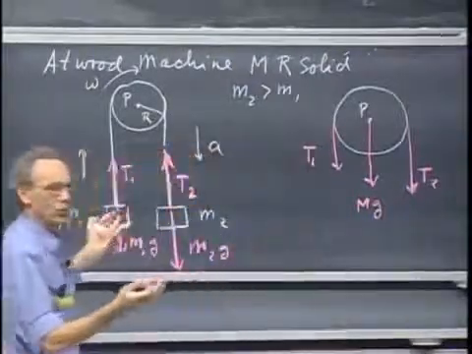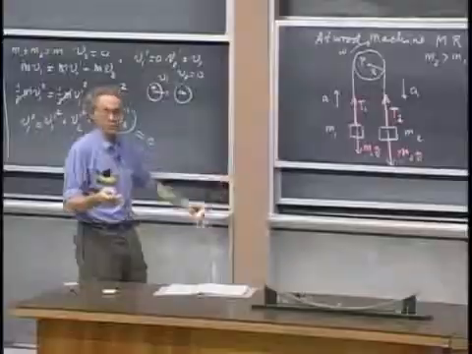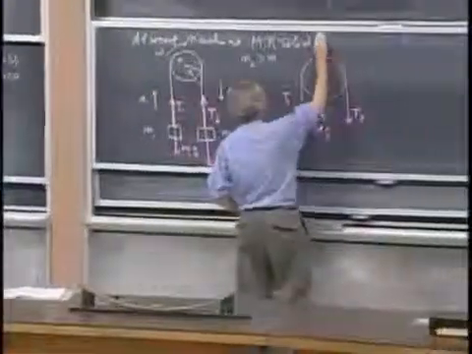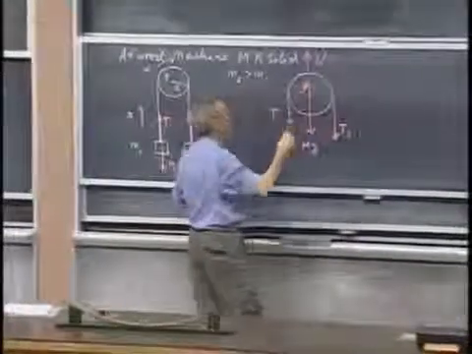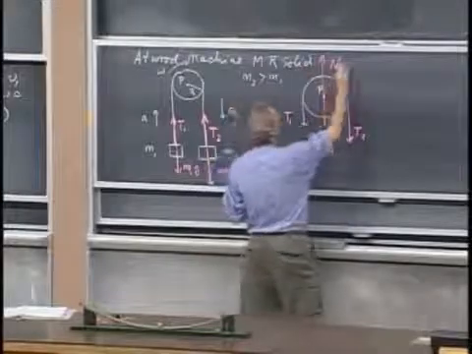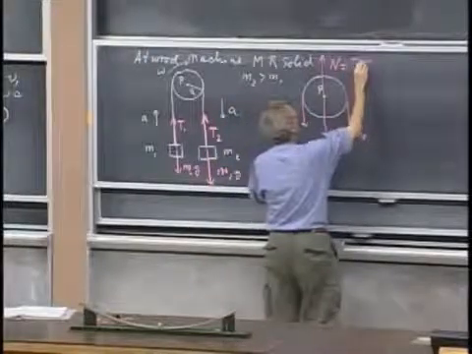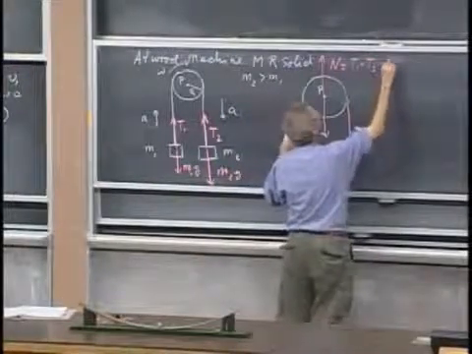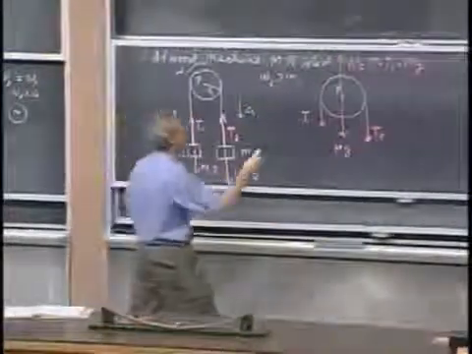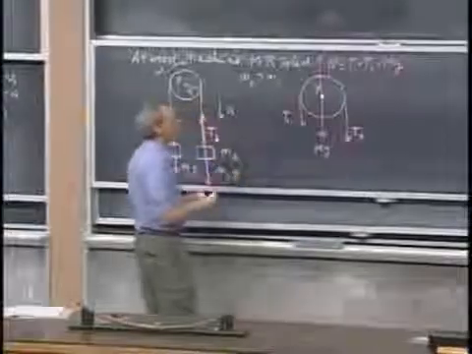The sum of all forces on the pulley must be 0, otherwise it would accelerate itself down, which it doesn't. And so there has to be a force up, I will call it N, and that force N has to cancel out all these three forces. So that must be T1 plus T2 plus mg. We will not need it any further in our calculations, but there has to be a force to hold that in place, so to speak.